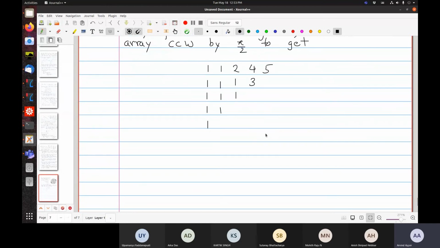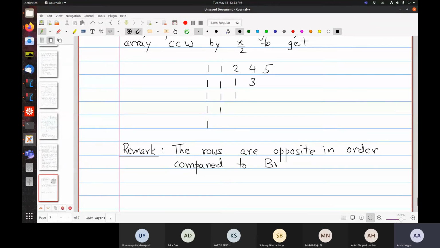So I warn you, just a remark: the rows are opposite in order compared to Bressoud's convention.